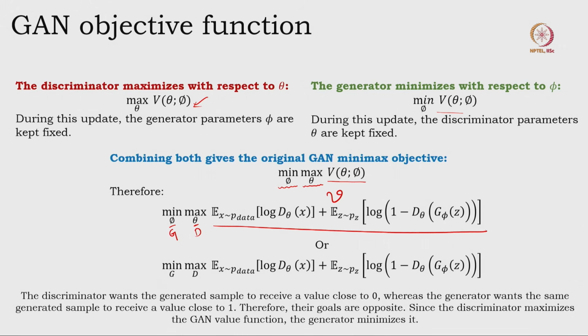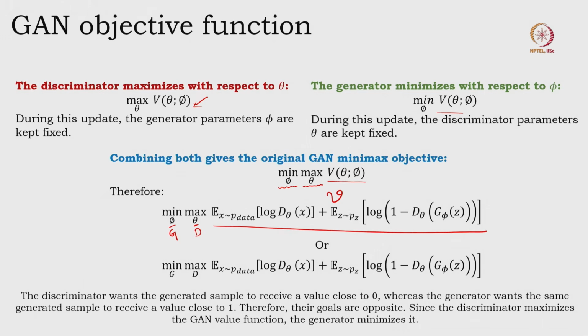So is it not that there are two opposite objectives here? The generator is saying that whatever images it generates, when we give them to the discriminator, the discriminator should give a high probability. One is minimizing the objective function, the second is maximizing it.